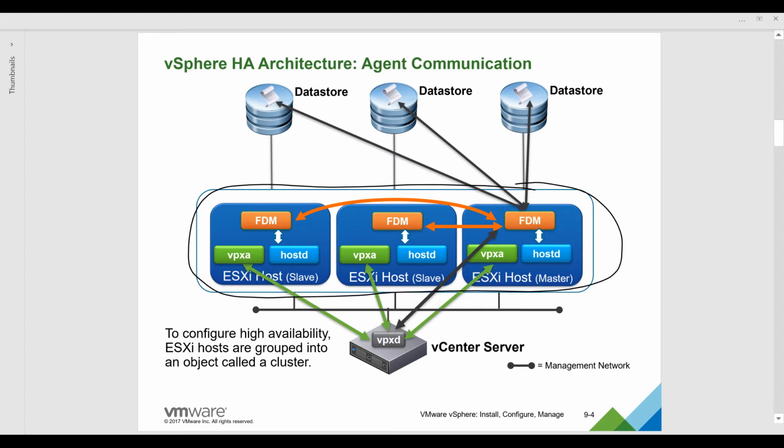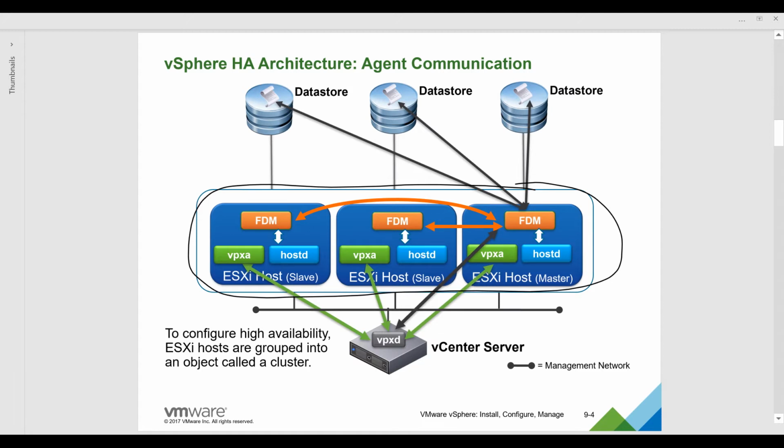The master is elected as the ESXi host that can see the greatest amount of data stores. If all the hosts have the same amount of data stores, it then goes to another election process of the lowest management object ID from vCenter. So whichever ESXi host has the lowest management object ID is the one that becomes the master.